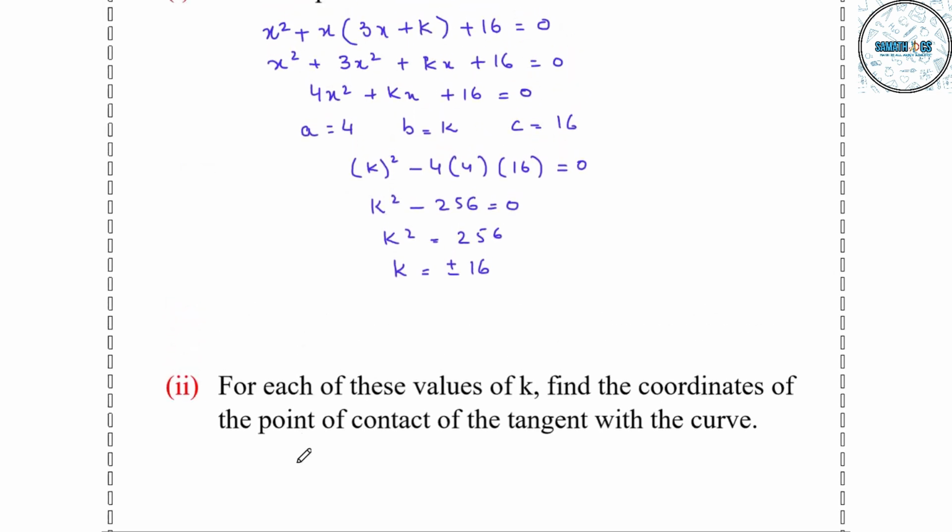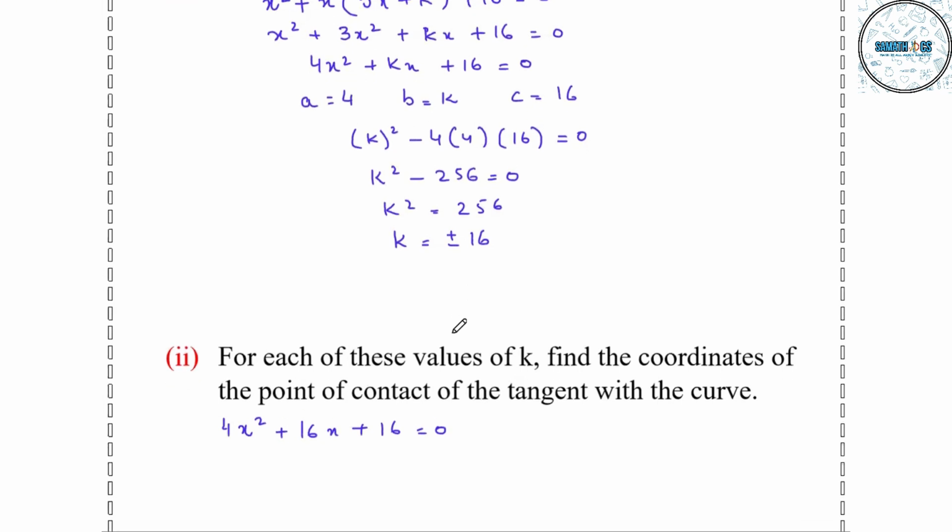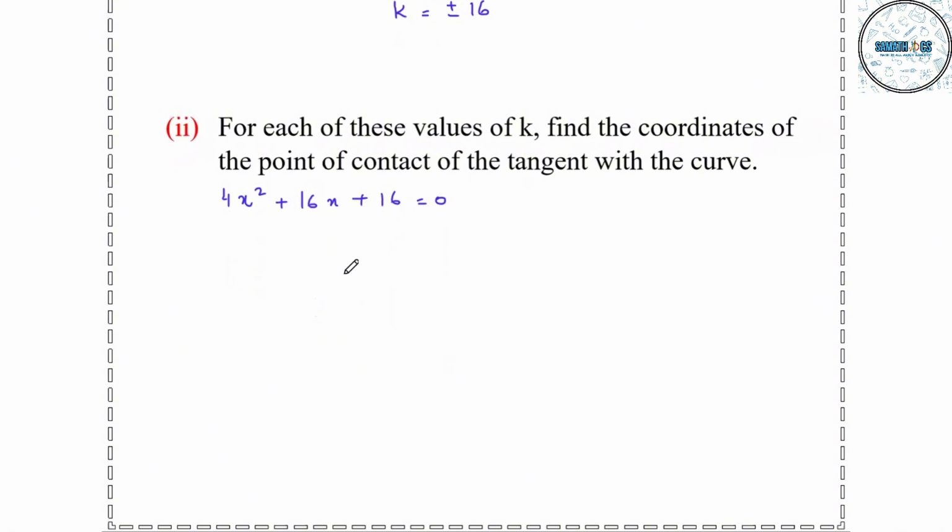So we have 4x squared plus 16x plus 16 is equal to 0. So this is the equation where we have to substitute the value of k as plus 16 and another time as minus 16. Now we have to find the coordinates of the point of contact of the tangent with the curve. So we will solve this equation.